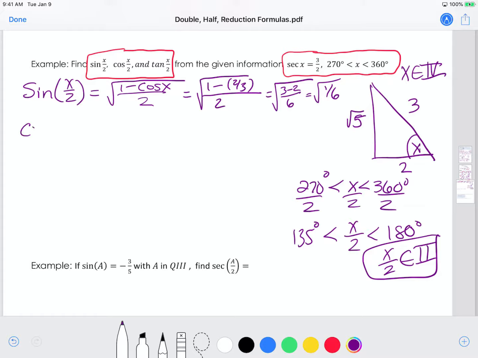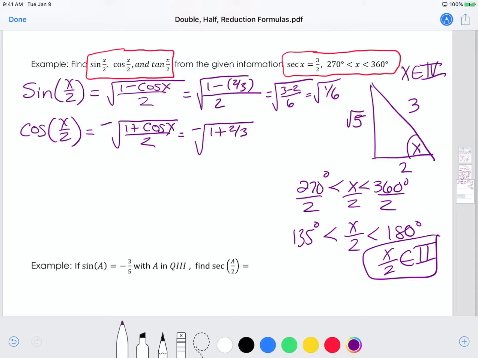Now let's do cosine of x over 2. X over 2 is in the second quadrant, so now we have to use the negative square root. 1 plus cosine x all over 2 is my formula for the half angle for cosine. So we have negative square root of 1 plus 2/3.